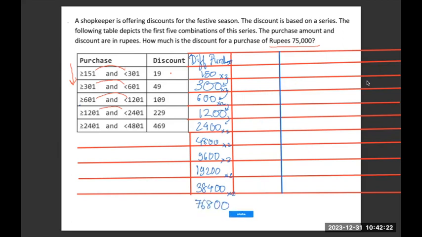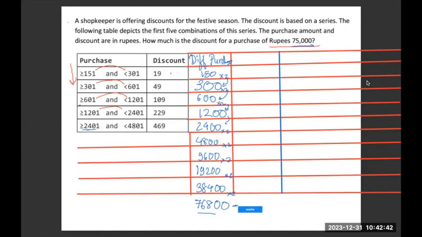76800. What it means is that this 76800 will come from the first combination, which means the next combination will be from 76800 to some figure, double of 76800. What it means is that 75,000 will fit in this category.